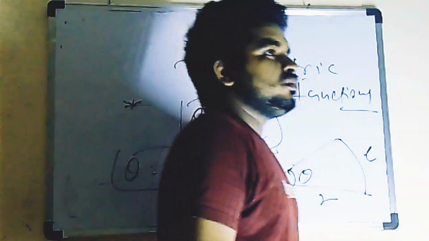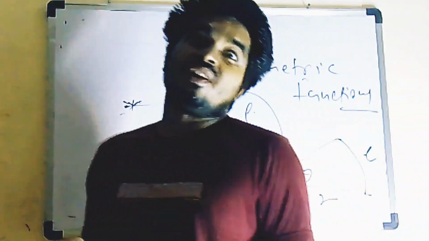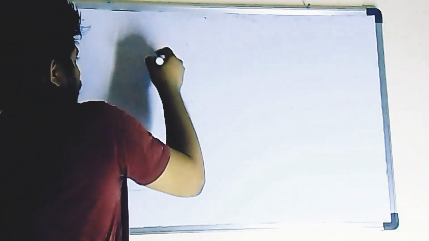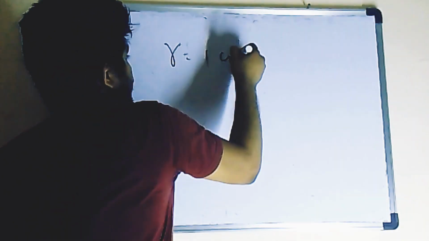First we will do some work on conversion to radian. How can you convert any angle into radian? See, suppose there is a circle of radius 1 unit.